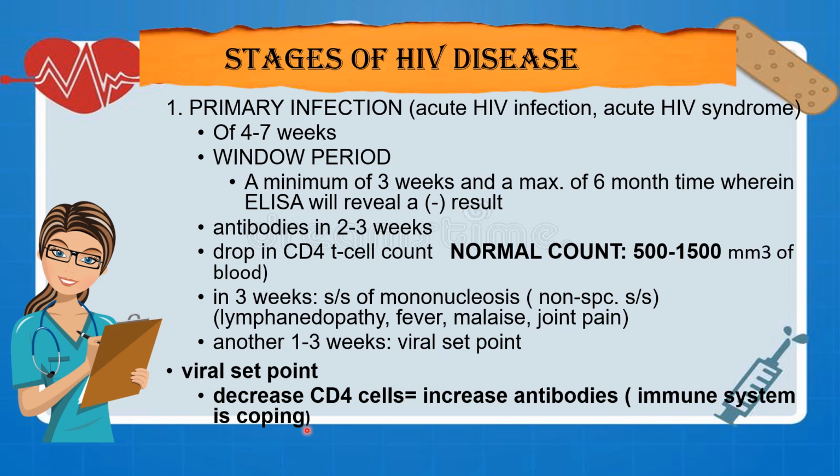So after the viral set point is reached, a chronic stage persists in which the immune system cannot eliminate the virus despite its best effort. So the set point varies greatly from patient to patient and dictates the subsequent rate of disease progression.